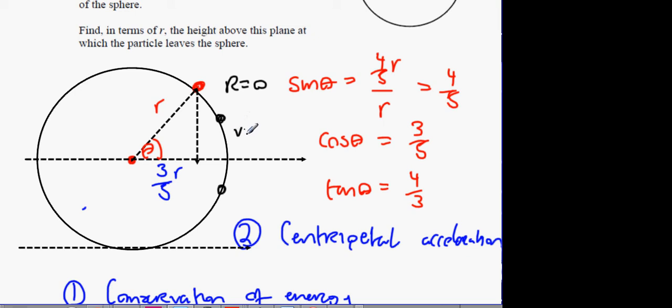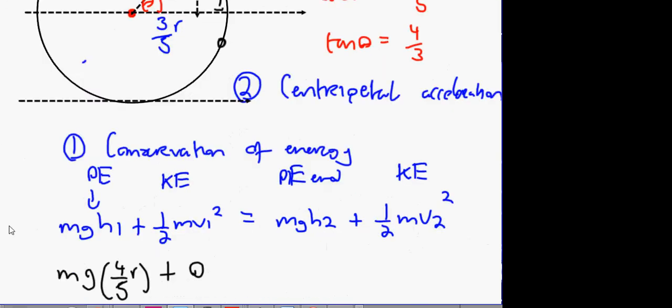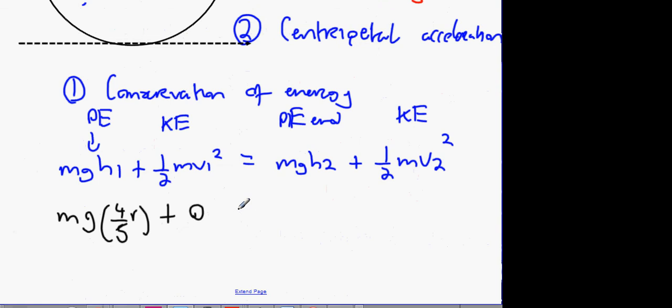So what we have next is mgh2, because we don't know anything about it, and then we have a half. Now let's call v2 v, just get rid of the 2, because there's no other v's going.